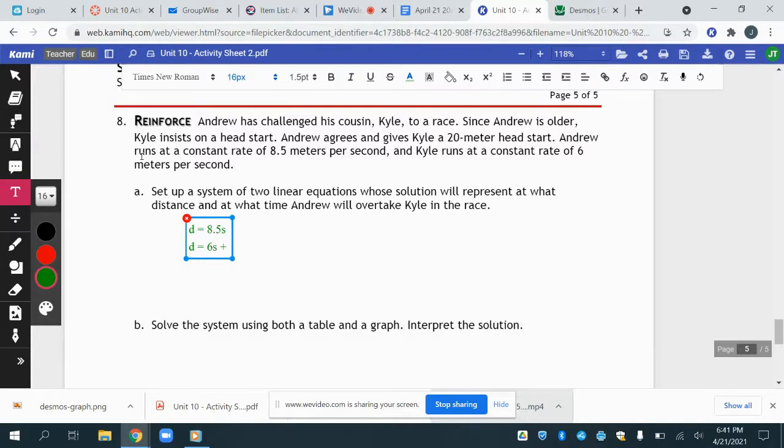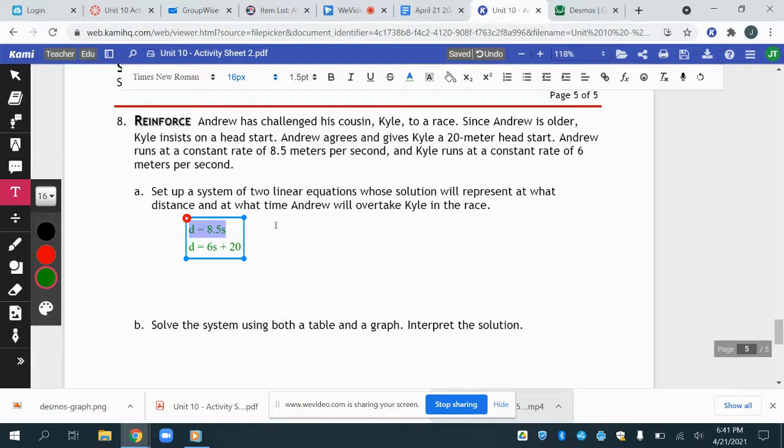But Kyle gets a 20-meter head start. How far they each go from the starting line: Kyle starts 20 meters from the starting line, and he only runs this fast, whereas Andrew runs that fast, and he starts at the starting line. So this is our situation.